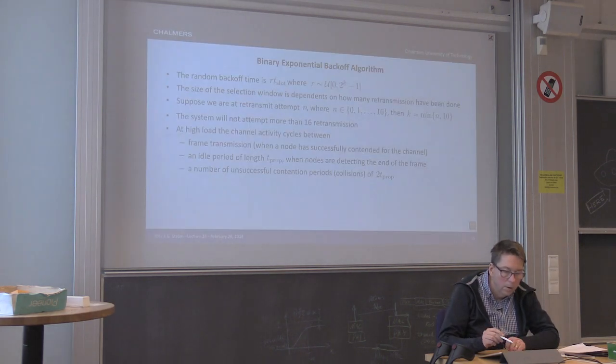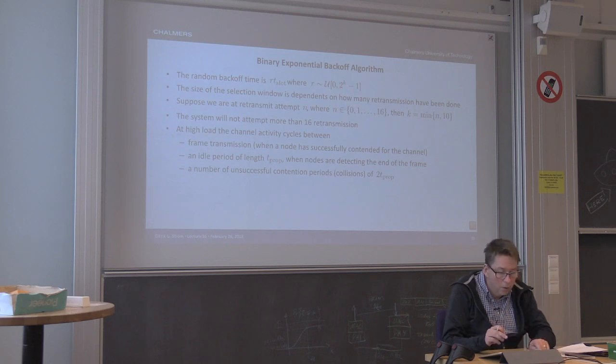Back to here. The actual selection window is exponential in k, so it's 2 to the k minus 1.